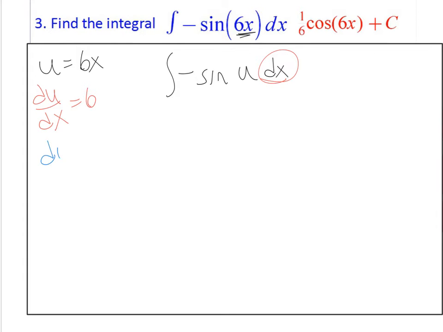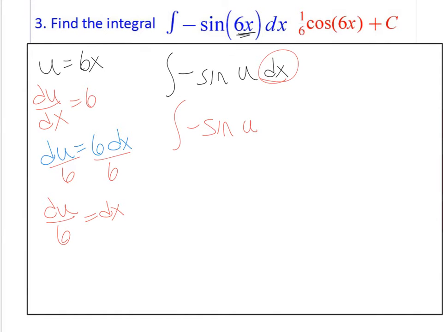So if I multiply dx to the right and divide by 6, I can replace dx with du over 6. But there's a 1 coefficient here, so I'm going to make this negative 1/6 sine of u du.